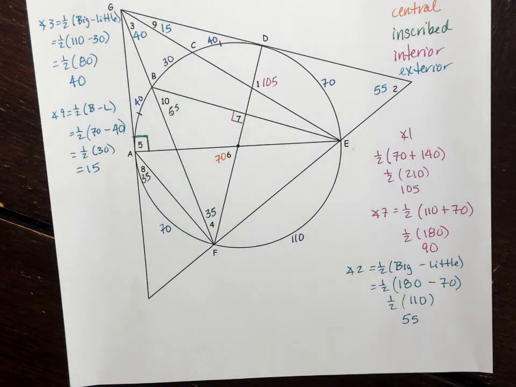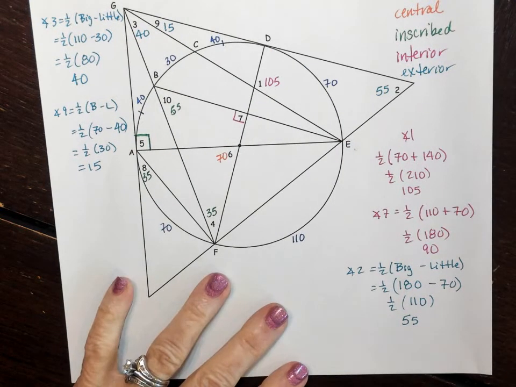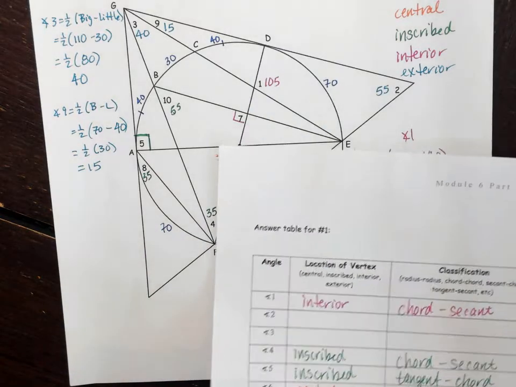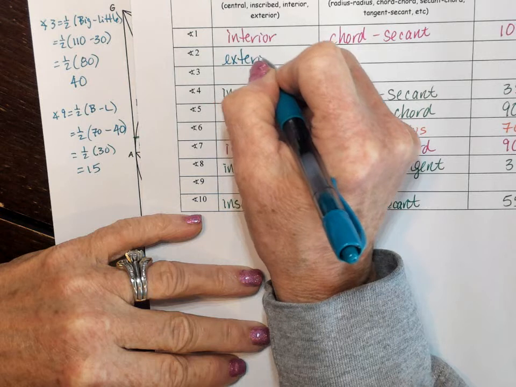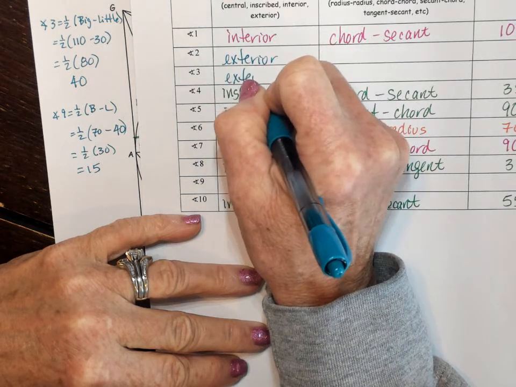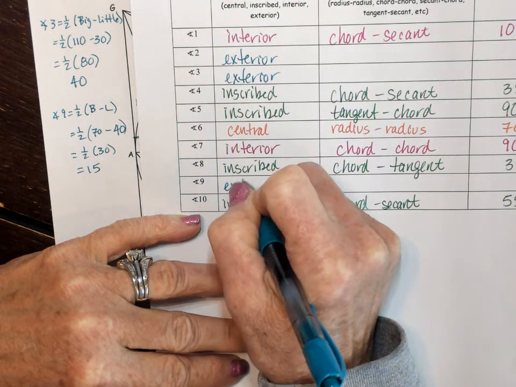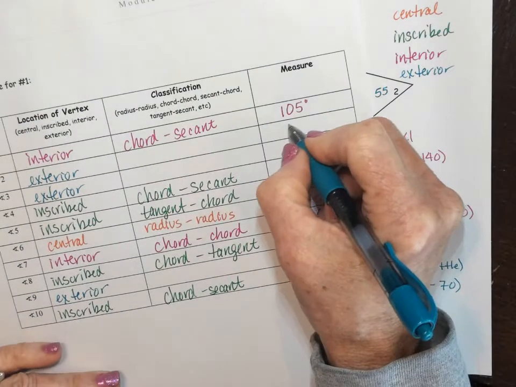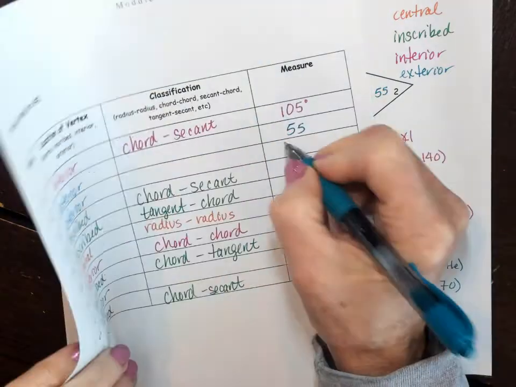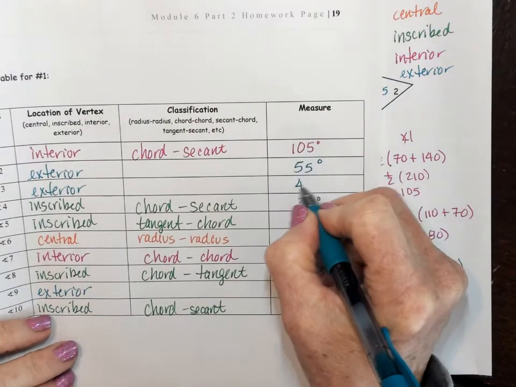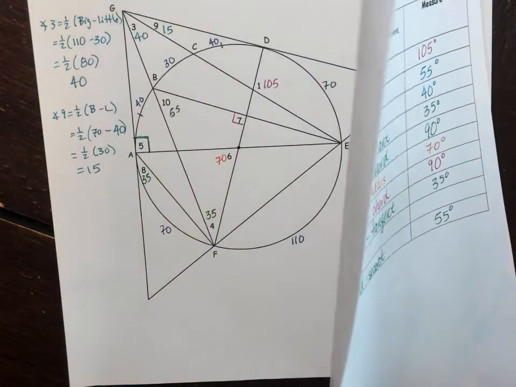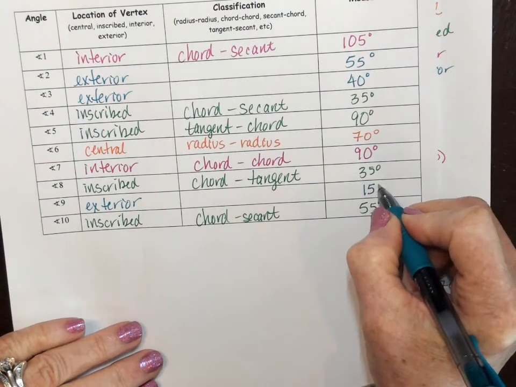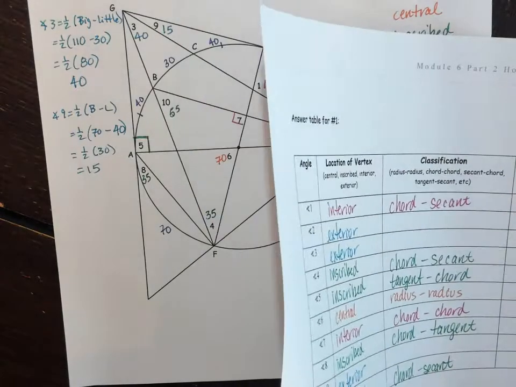All right, and let's go fill this information in. Let's start with our first one. I'm going to fill all these last ones in as exteriors. Angle 2 was 55. Angle 3 was 40. Again, I hope this is a little bit easier for you when you can spread your papers out. 15 for 9.